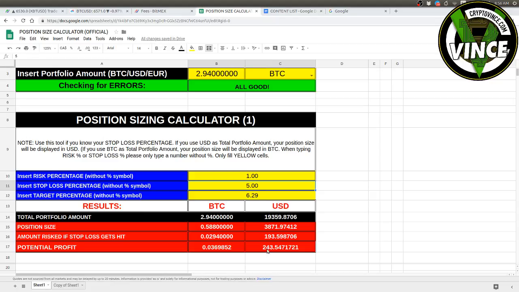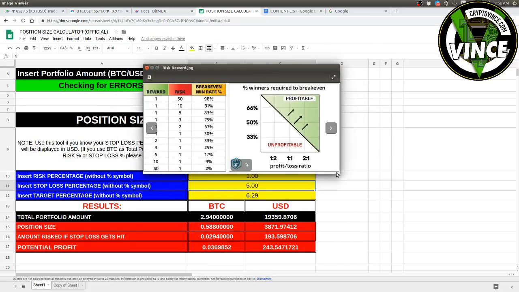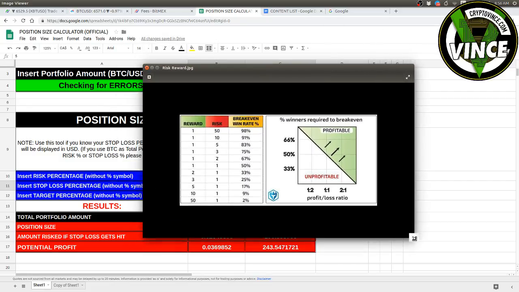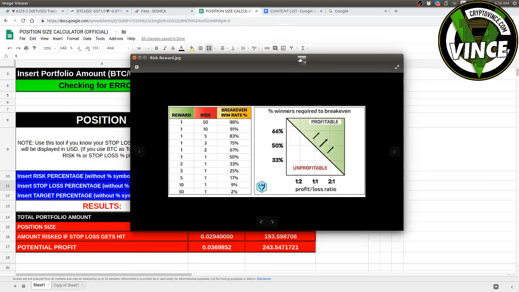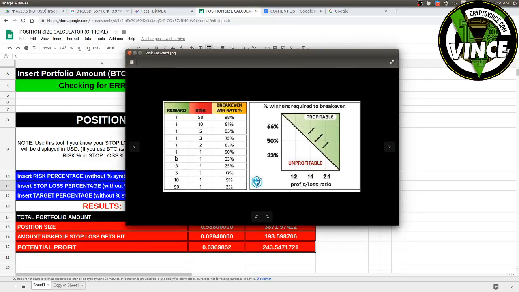So I'm showing them the risk reward chart here, that shows reward and risk. You guys can see on the screen, and Elisa probably doesn't see that, but I'm showing the risk reward and the break-even win rate. If you choose a risk reward of 3 to 1, so you risk 1% of your portfolio to make 3 times that amount, your break-even win rate is 25%.